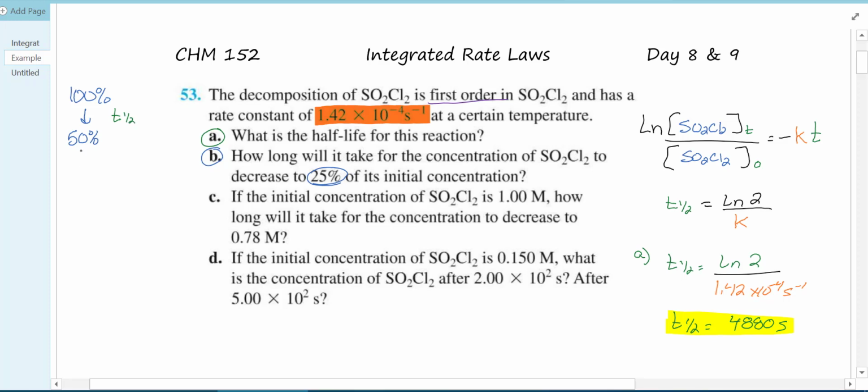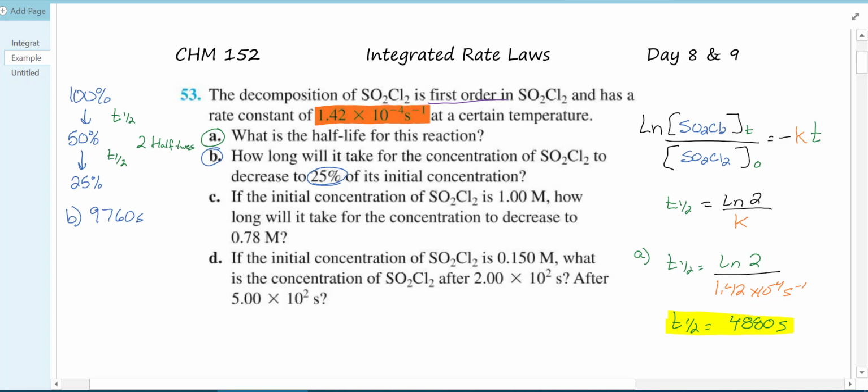And if we go from 50% to 25%, that's also a half-life. So we have 2 half-lives here. Now, since it's first order, we can just double the half-life. So for B, the answer should be 4,880 times 2, which would be 9,760 seconds.